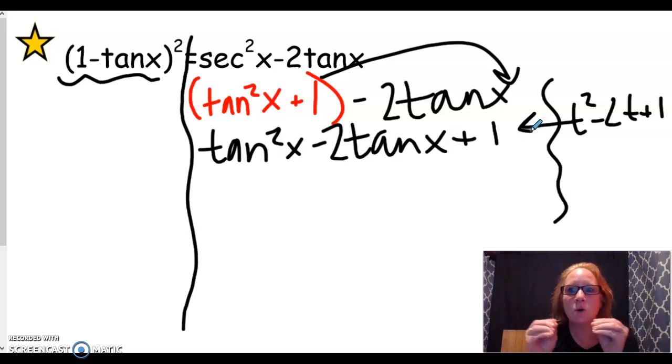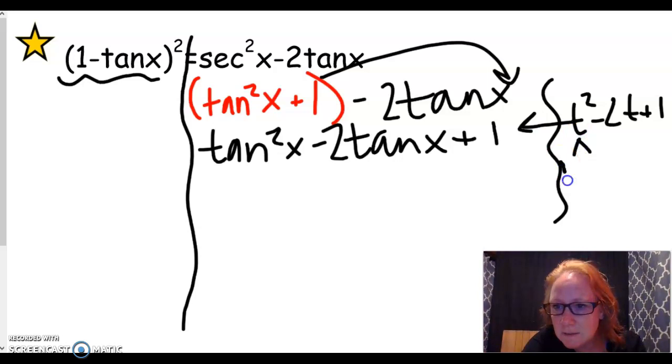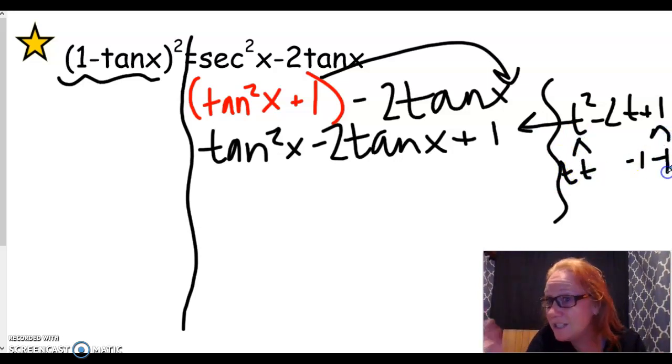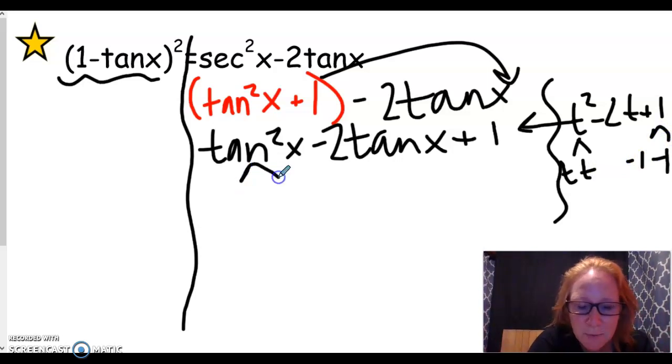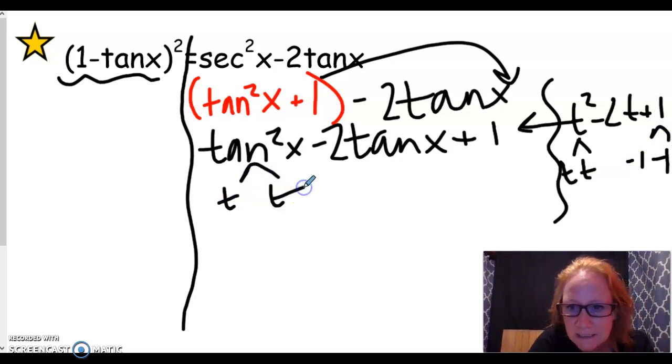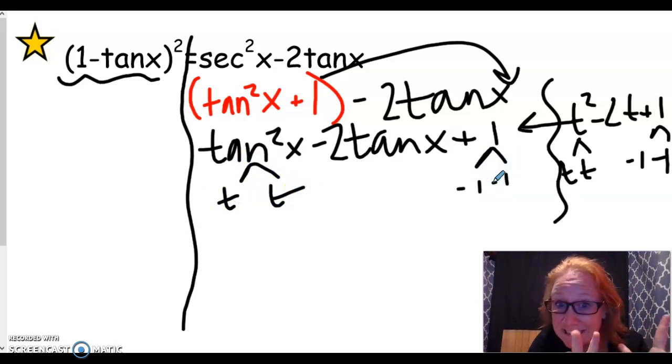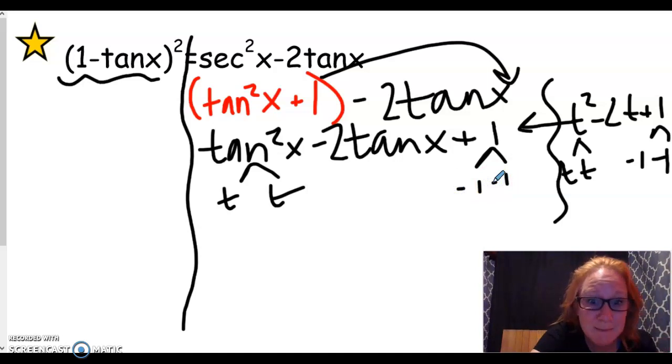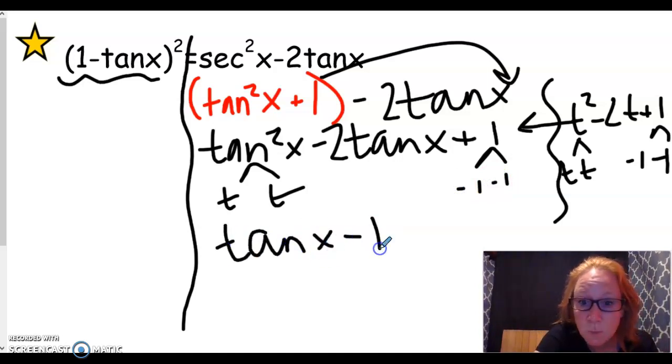So I could break that into t and t, and 1 and 1, and it's got to be minus to get the minus 2 in the middle. So that means this is tangent x minus 1, times itself.